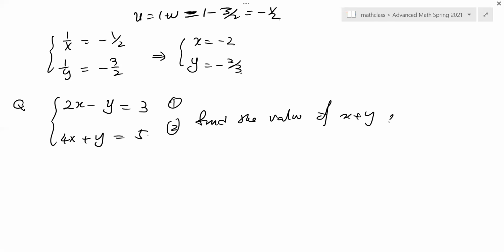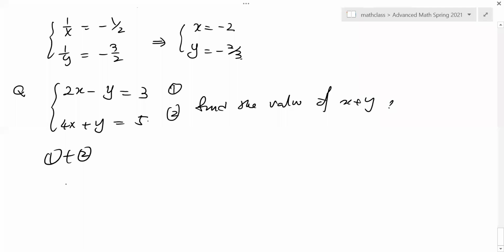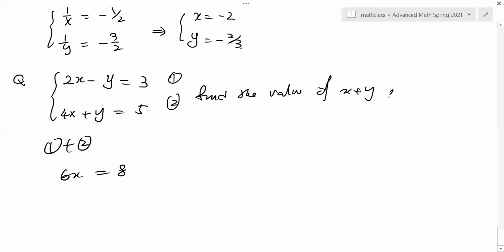I'm going to show you the not good way. The not good way is you add equation 1 plus equation 2. I get 6x equals 8, so x is 8 over 6, which simplifies to 4 over 3.